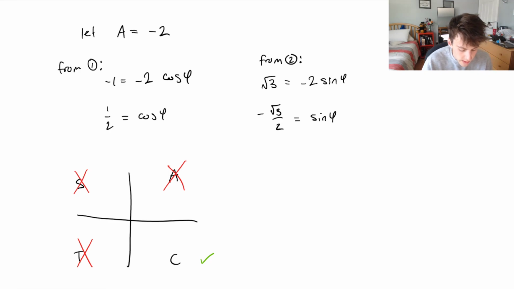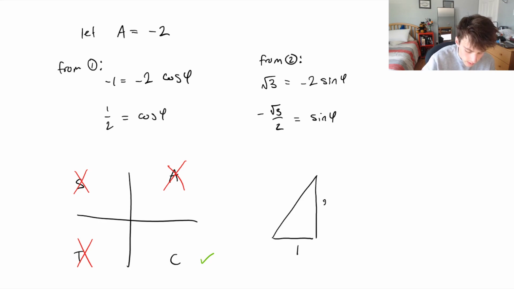So now we need to figure out what our primary angle is, and let's draw our special triangle here. One of our special triangles is the one with length 1 here, hypotenuse of 2, and square root of 3. This angle is going to be pi over 3, and this one's going to be pi over 6.